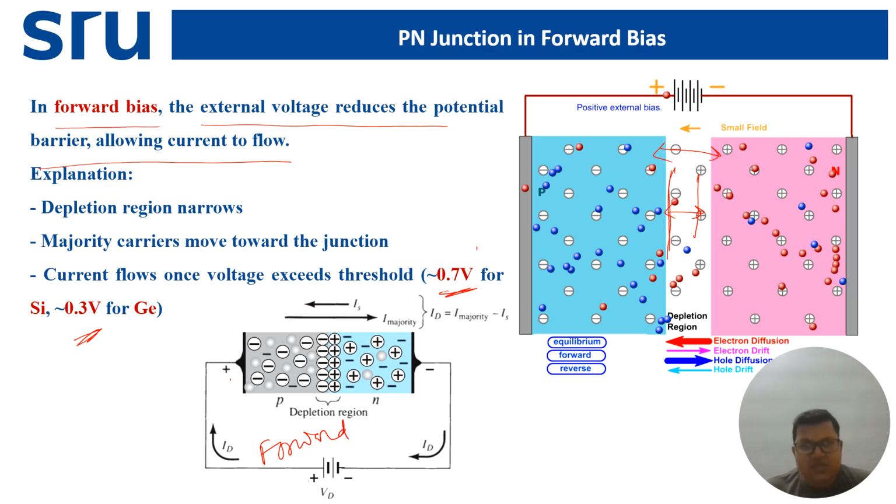So this voltage is sometimes called the cut-in voltage of the diode. Next we are going to see the IV characteristics of this diode in different biasing conditions. There we will see this 0.7 volt, and we will find that that is the threshold voltage. After that, the current starts flowing very heavily.